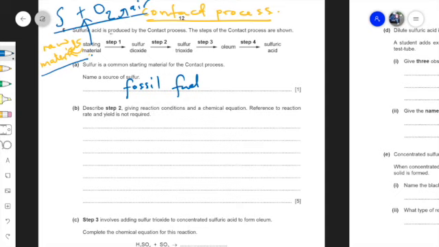Then this is step number 1. So we go to step number 2. Describe step number 2, giving reaction conditions and the chemical equation. So here you've got sulfur dioxide.